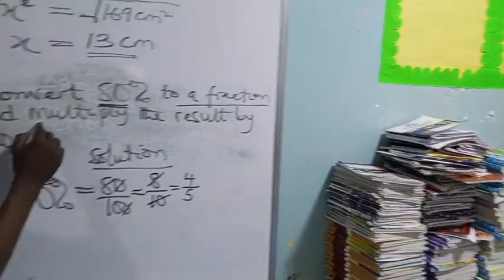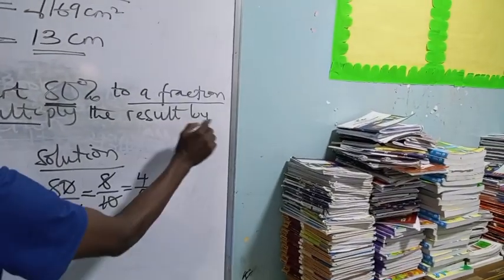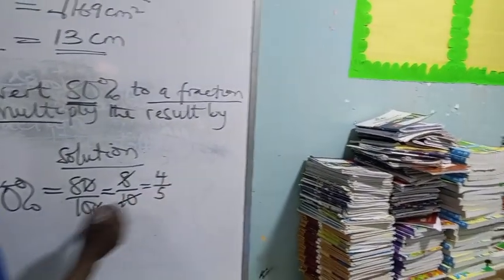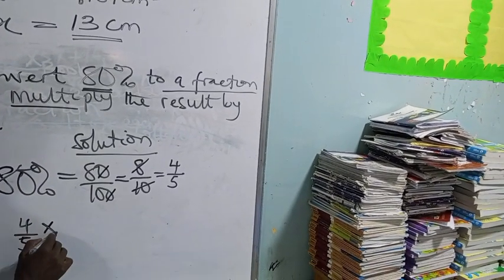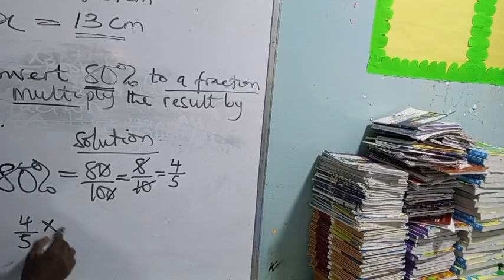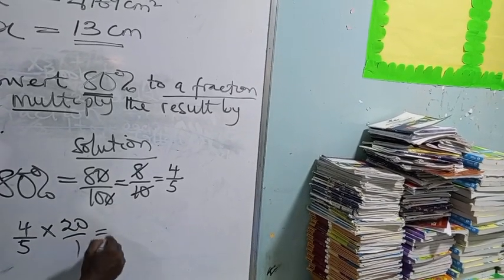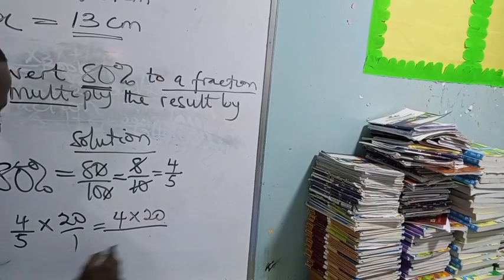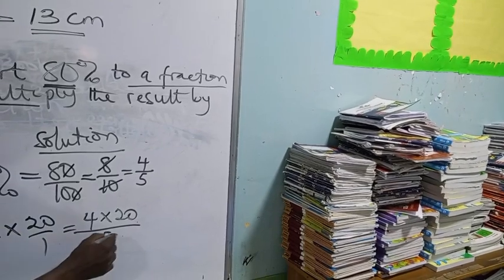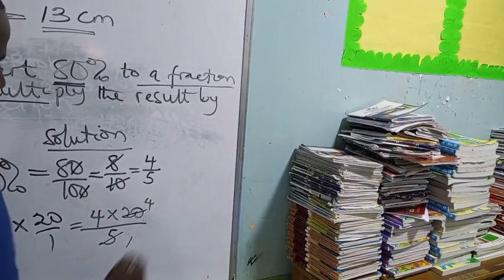Now, we go to the second statement that says multiply the result by 20. So what we have is 4 over 5, then you multiply it by what? By 20 over 1. So we have 4 times 20 over 5 times 1, which is 5. 5 goes in 20 will give us 4.